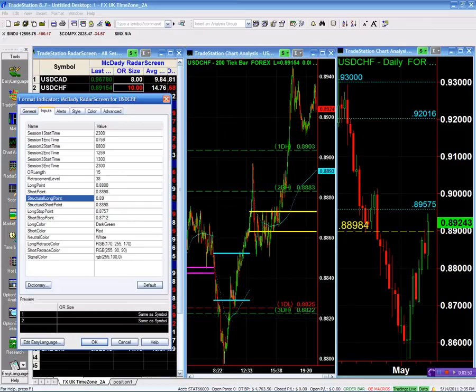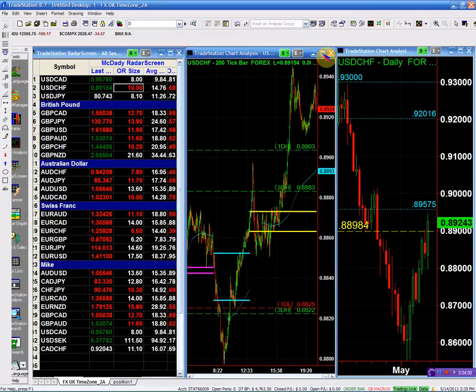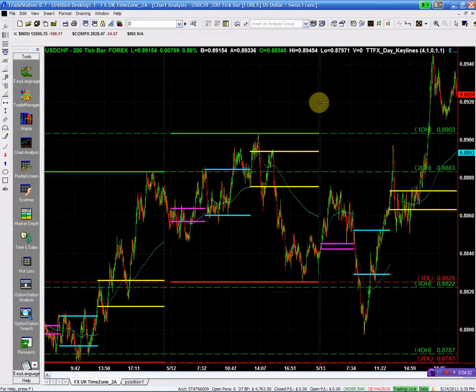Alright, so I'm going to pick the buy signal. Now, the guys that are with us, you can take your initial short below the 89 if you wanted, but I suggest for the others to wait.